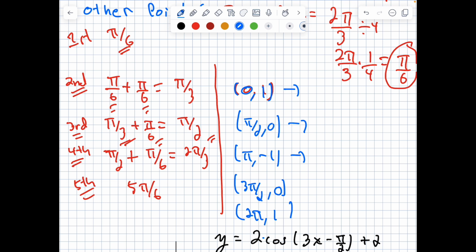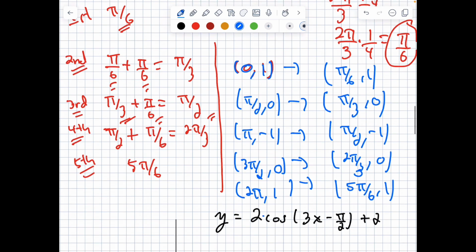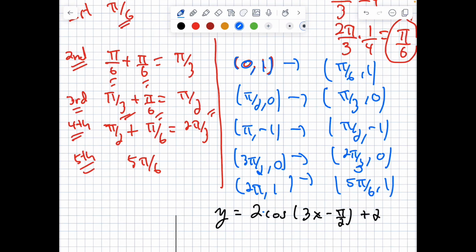The y values have not changed for the moment, but now the new values are pi over 6 comma 1, pi over 3 comma 0, pi over 2 comma negative 1, 2 pi over 3 comma 0, and then finally 5 pi over 6 comma 1. So that's what that does here, okay? So now we've located our new x values.